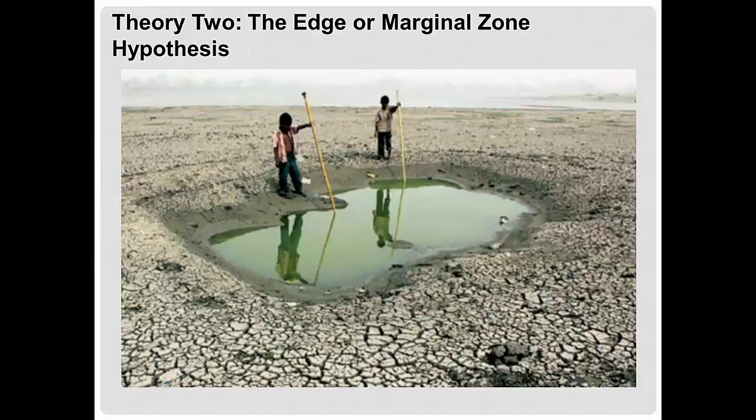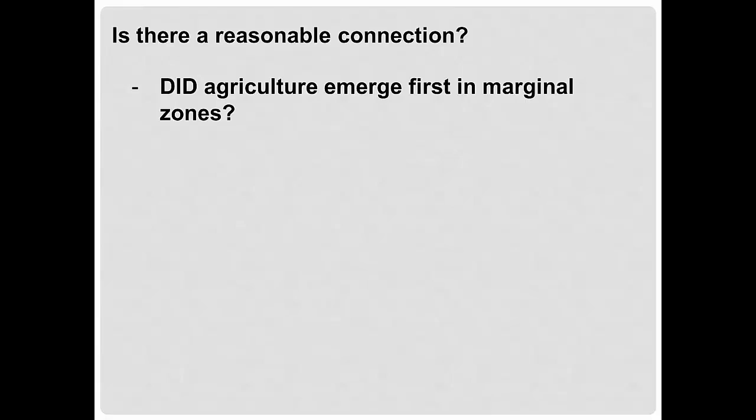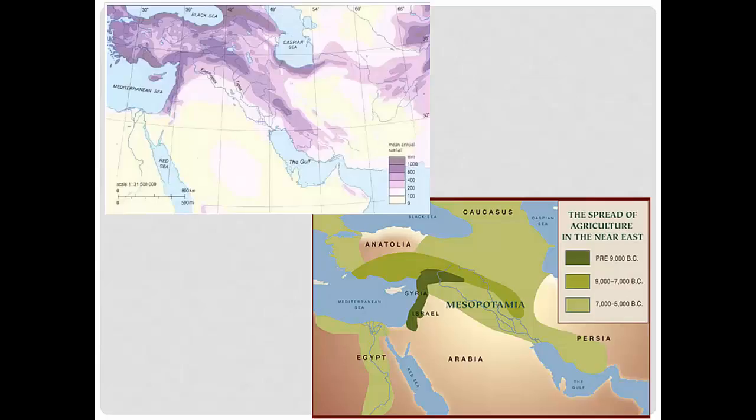So what question would you ask to test whether there was a reasonable connection between the proposed cause and effect? Well, again, I think here the research question is pretty obvious. And you've seen these maps before.